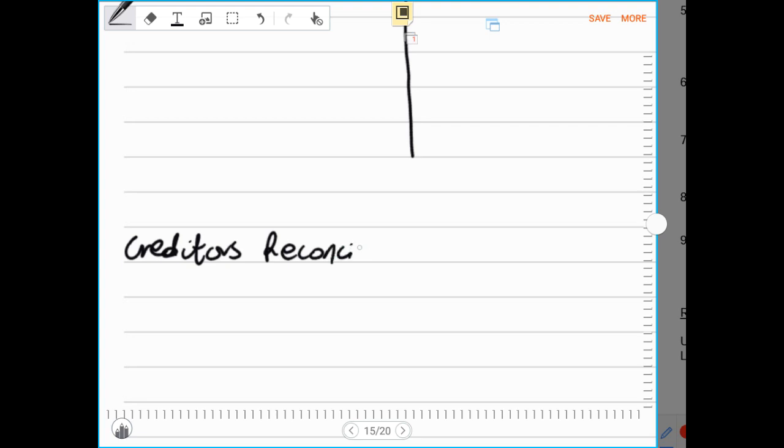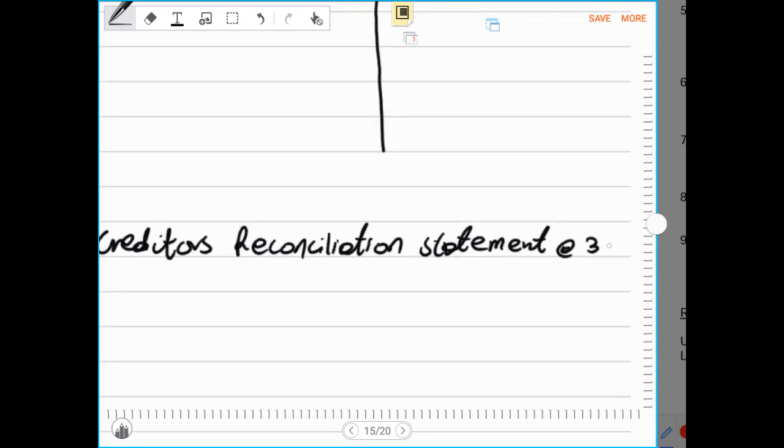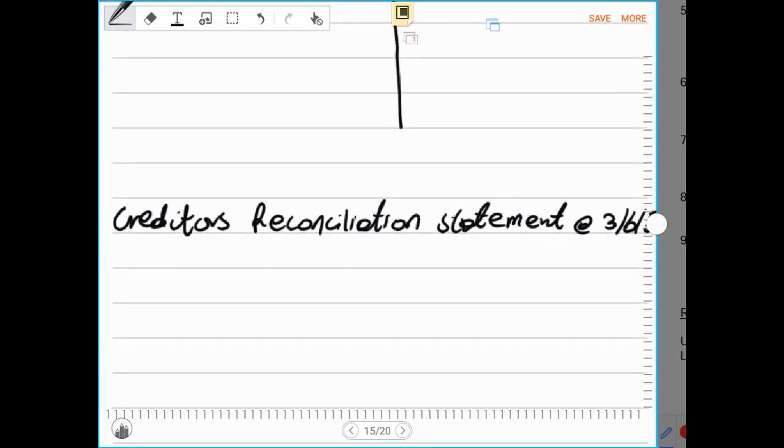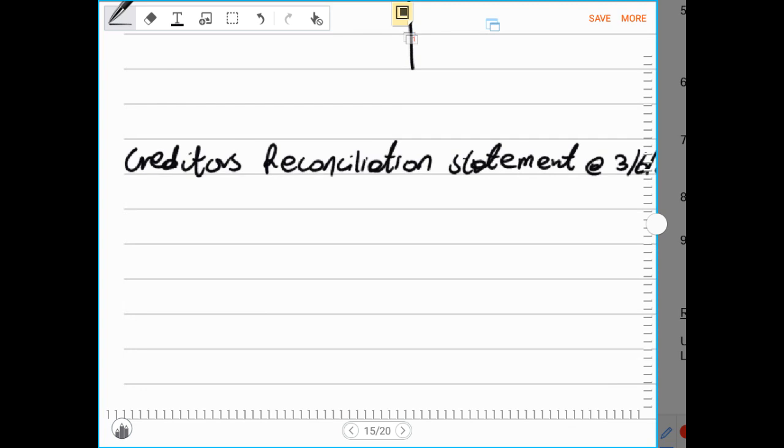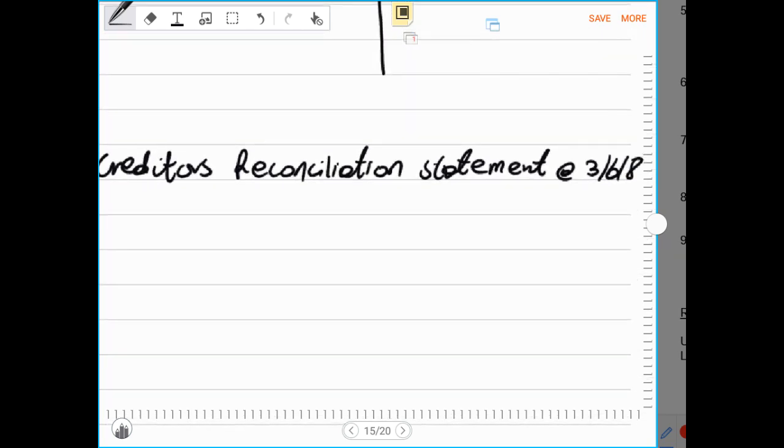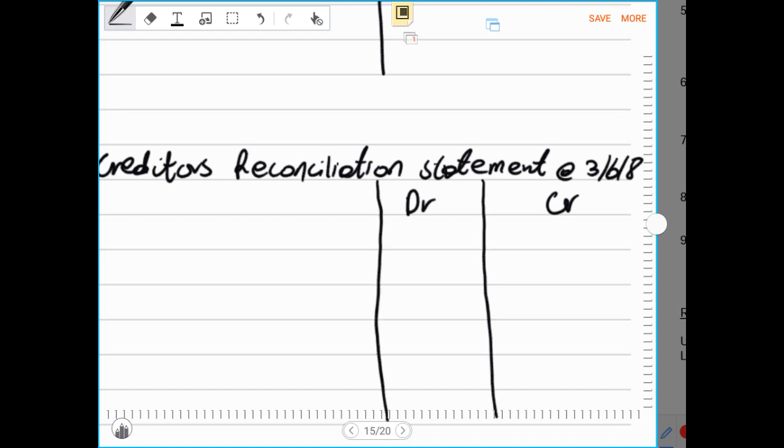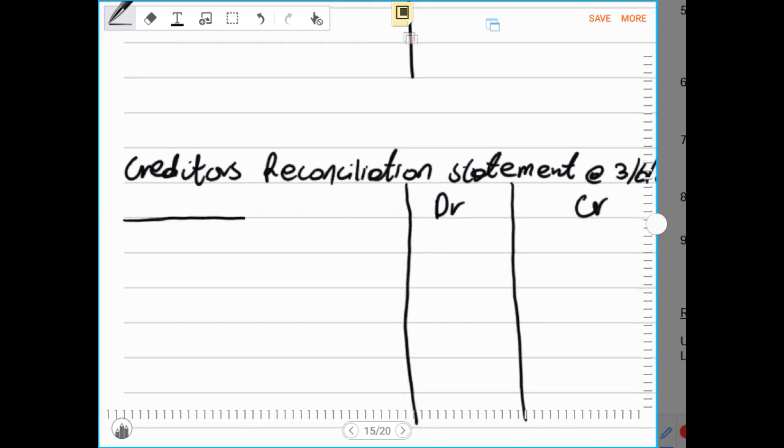Then we write creditors reconciliation statement as at 30 June 2008. We need to have the debit column and also the credit column, and draw the line in between and also the line to separate the two columns. Then we also draw the line here to make our work very neat.